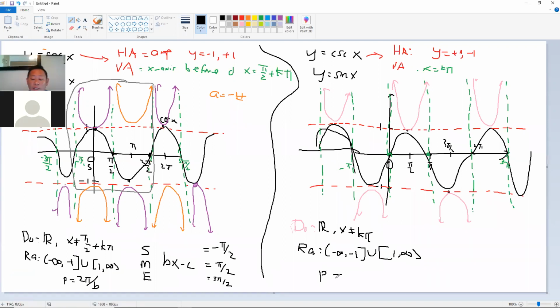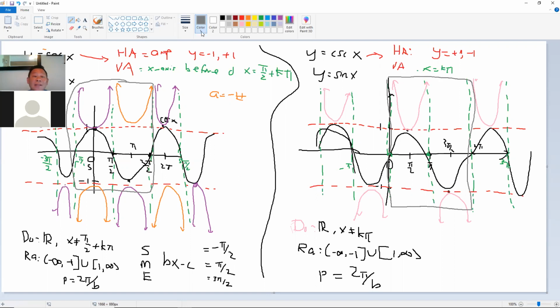Your period again is going to be 2 pi over b. As usual, this is very similar to the secant graph. Since it starts from here and then goes up, you will have three. We will use this whole period to figure out your starting and your ending.